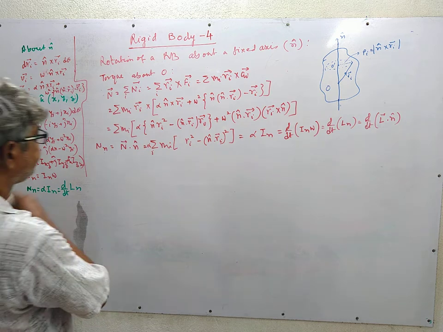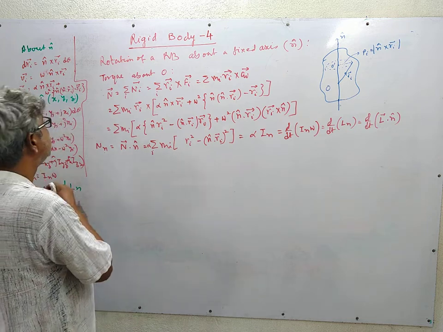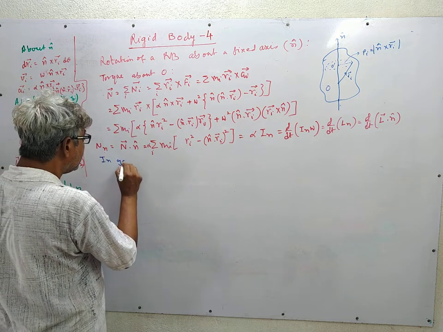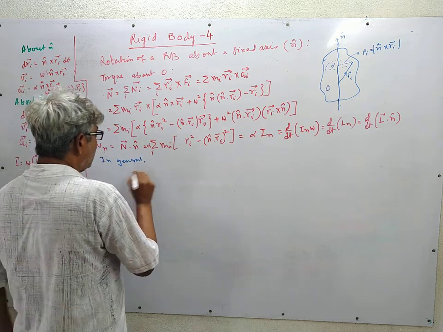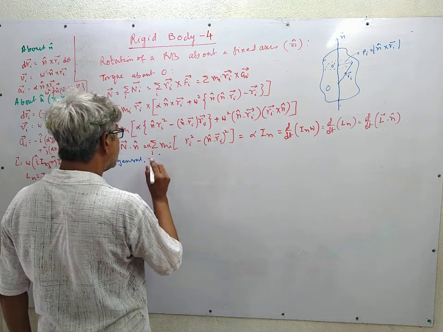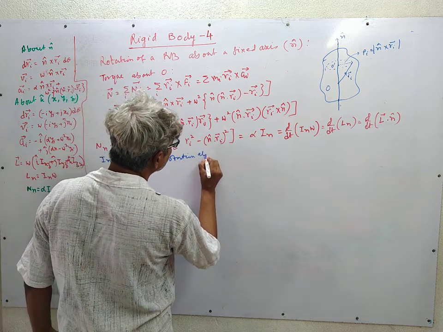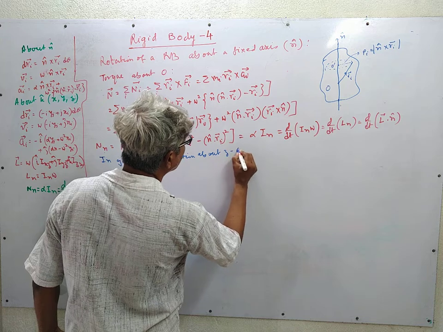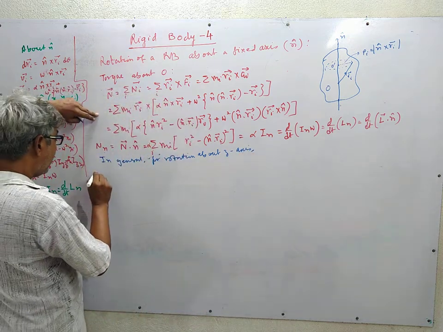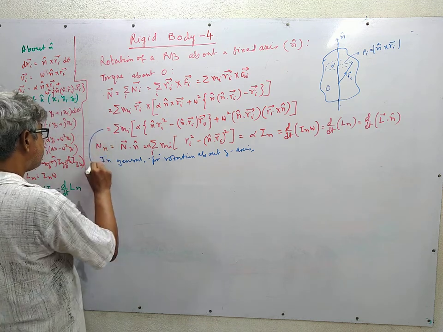In general, the torque has a complicated expression which can be better worked out in Cartesian coordinates. In general, for rotation about the z axis, we use this expression.